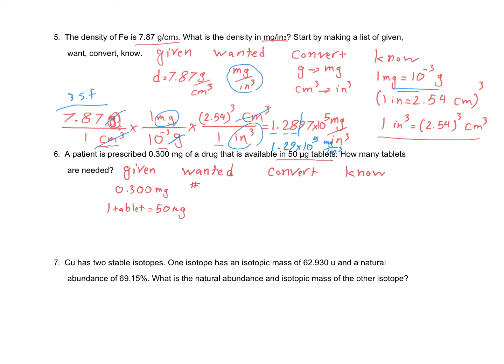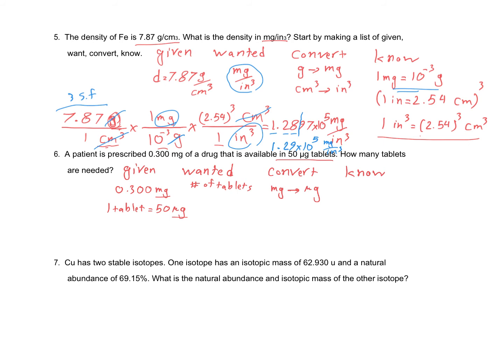So we want the number of tablets. What do we need to convert? Well, we have milligram to microgram here. So we have to convert milligram to microgram, or maybe microgram to milligram, no difference. And we have to end up with a number of tablets.